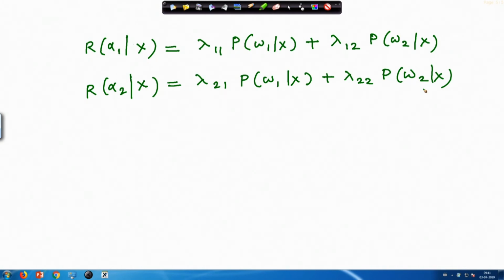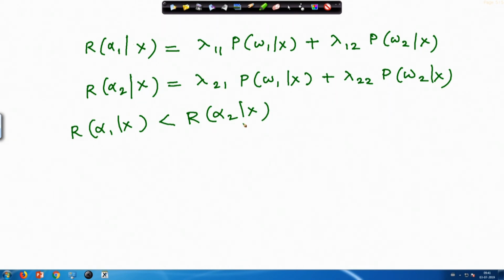Given these two risk values, my decision will be in favor of action alpha 1, or deciding that input x belongs to class omega 1, when I find that R of alpha 1 given x is less than R of alpha 2 given x. That is, the risk involved in taking action alpha 1 is less than the risk involved in taking action alpha 2.